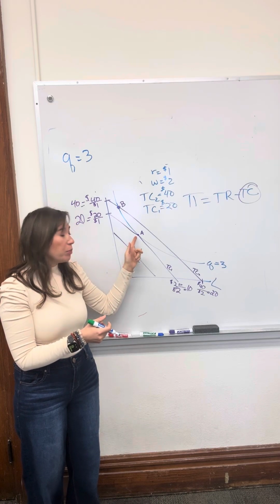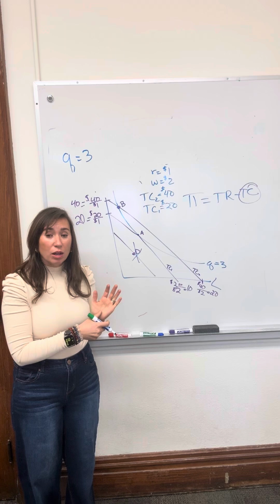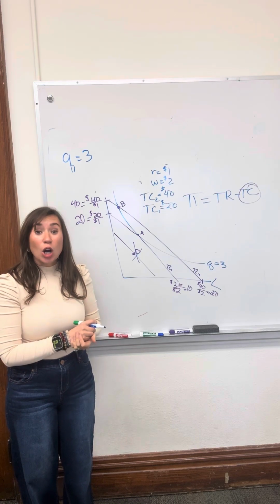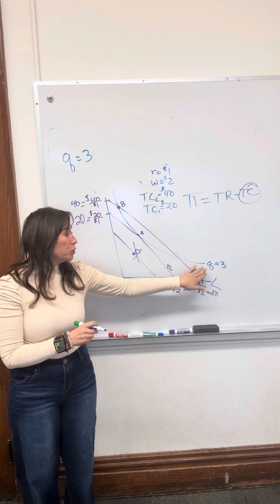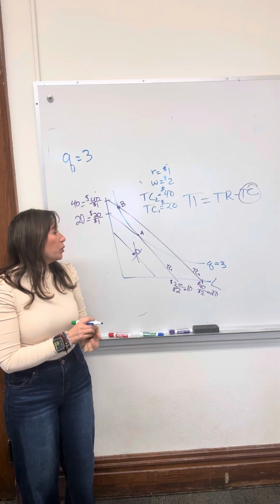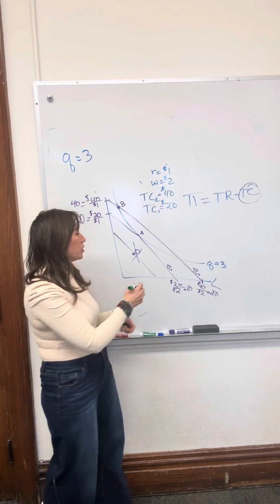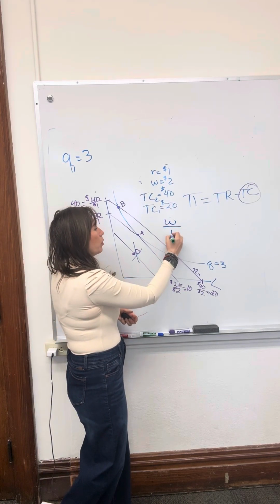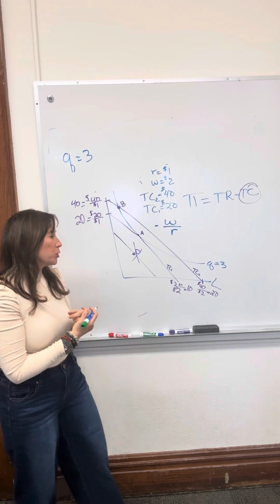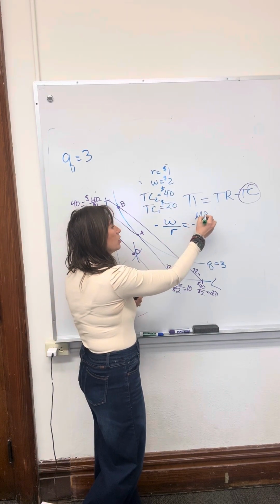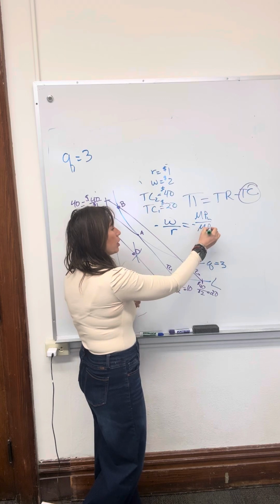And it just so happens that whenever an isocost and an isoquant are tangent, that is the cost minimizing way to produce a particular level of output. So remember from our last videos that the slope of the isocost is W over R, of course negative because it's downward sloping, and the slope of the isoquant, again negative, is the marginal product of labor over the marginal product of capital.